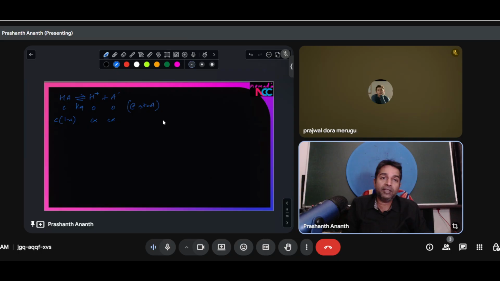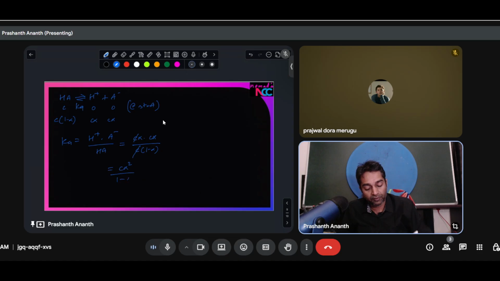So C into 1 minus alpha, C alpha, C alpha. We end up having Ka written as H plus into A minus divided by HA, which can of course be written as C alpha into C alpha divided by C into 1 minus alpha. C and C cancel out, so it works out as C alpha squared by 1 minus alpha. So this is your expression for Ka for the weak acid.